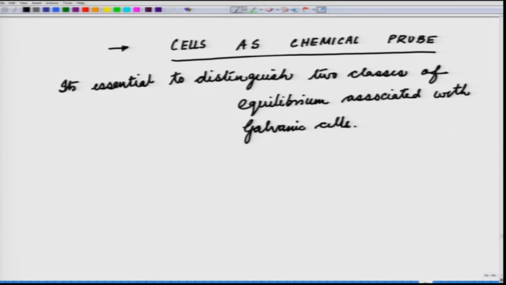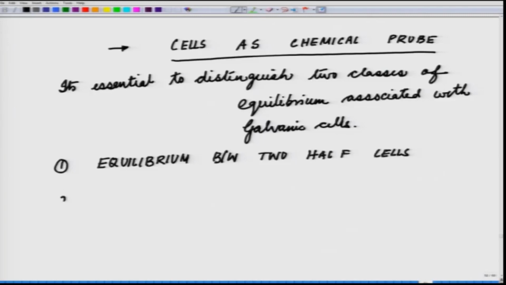Okay. So, what are those? The first one is equilibrium between two half cells. Point 1, and the second one is equilibrium within each half cell.